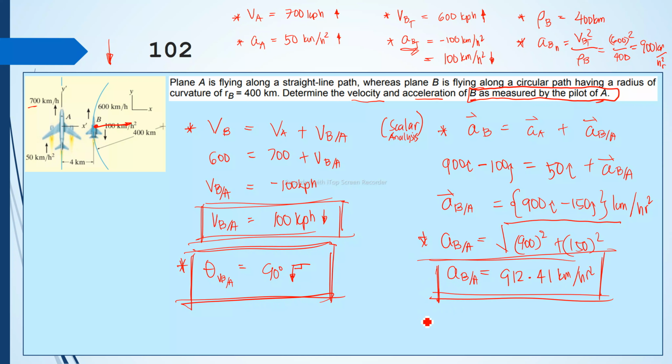How about its direction? If you graph the x and y components of the acceleration, we have here the 900 kilometers per square hour, and then downward a 150 kilometers per square hour.